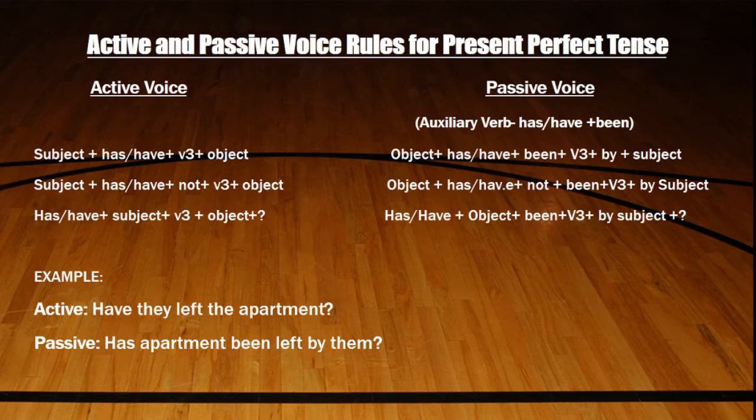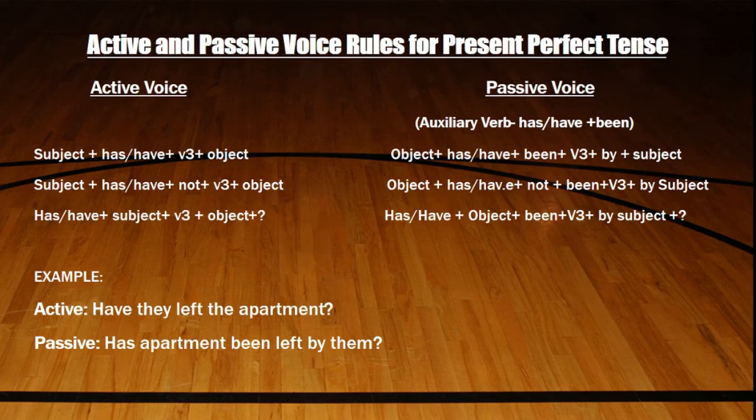In the case of the present perfect tense, the passive voice has the auxiliary verb has or have plus being. Now, in the case of the subject, you have has, have plus the third form of the verb with the object.